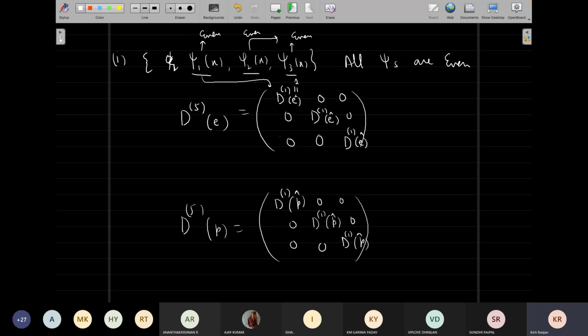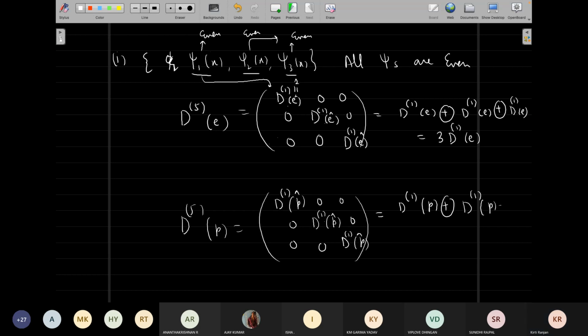That means all the diagonal elements will be represented by only one representation, the even one. So you write D1(E) plus D1(E) plus D1(E), and the same thing happens with D1(P) plus D1(P) plus D1(P), which can be written as 3D1(P).